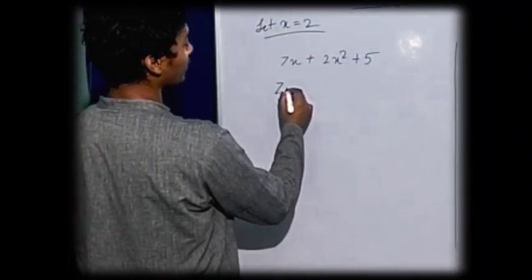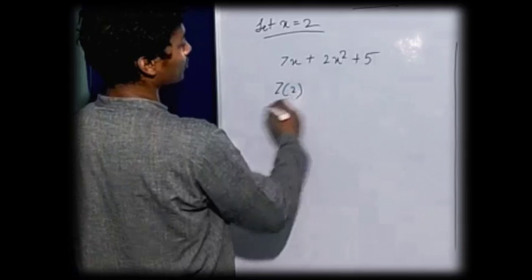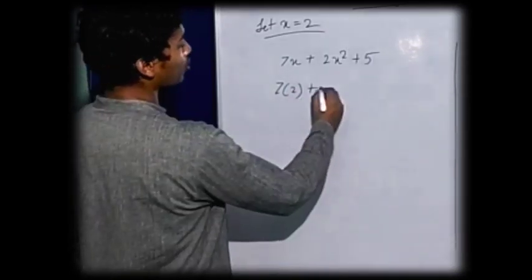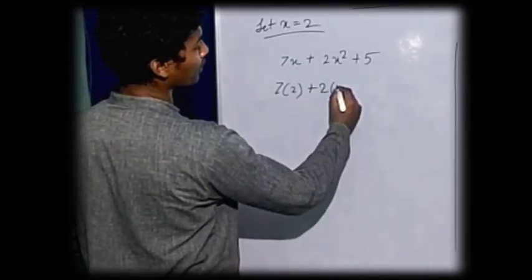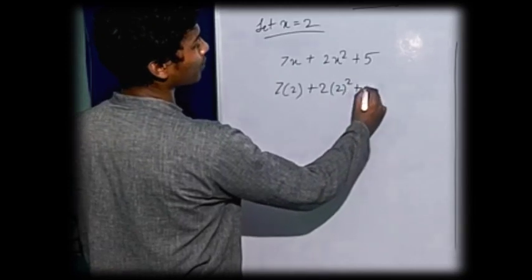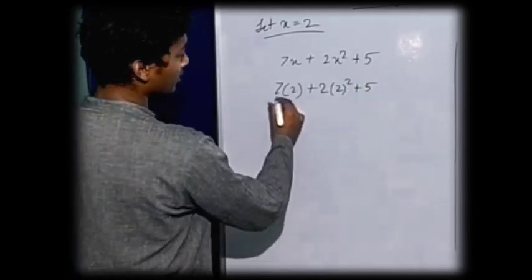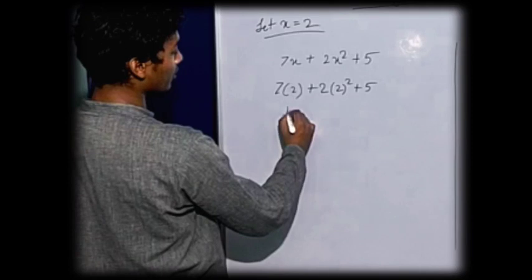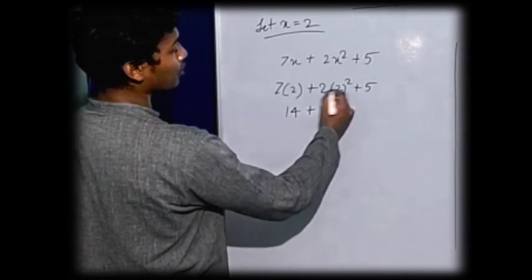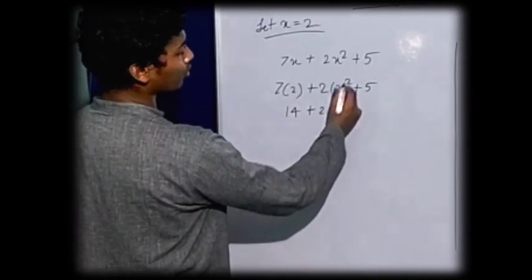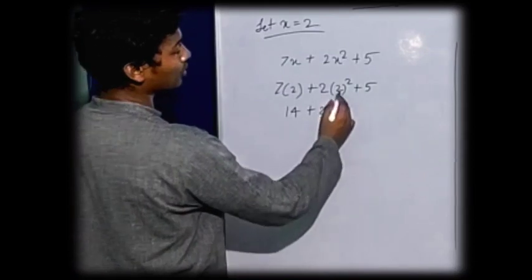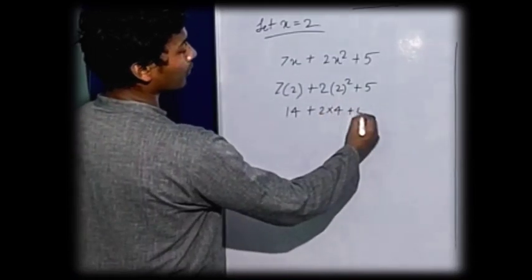So 7 multiplied by 2 plus 2 in place of x, we can write 2 square plus 5. 7 multiplied by 2 gives us 14 plus 2 2s are 4 multiplied by 4. 2 square is 4. 5.